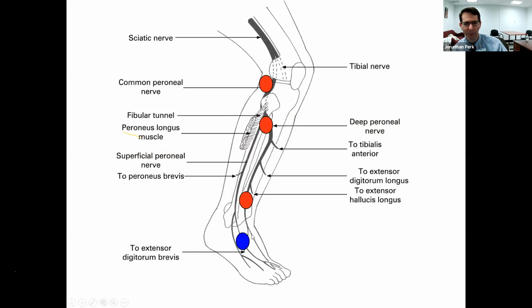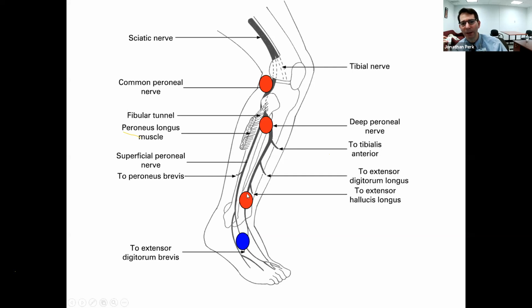We have recording electrodes here in the extensor digitorum brevis, innervated by the deep peroneal nerve, and we stimulate the nerve along its pathway.